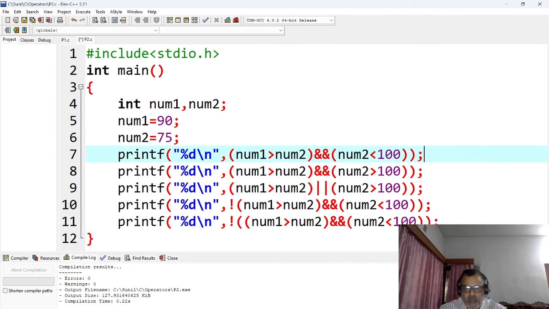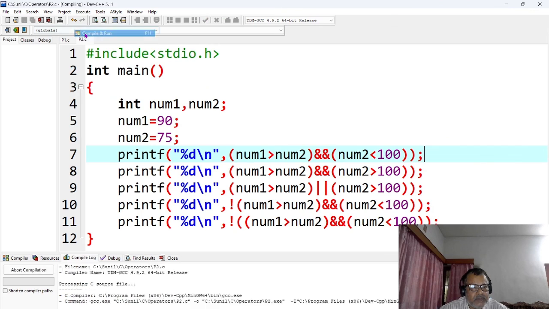Now please tell me what will happen. It is true, it is false, it means we should get false. But on the final result of this expression, this logical not operator will do its work. It means if it gets true, we will get false. If it gets false, we will get true. So please see.